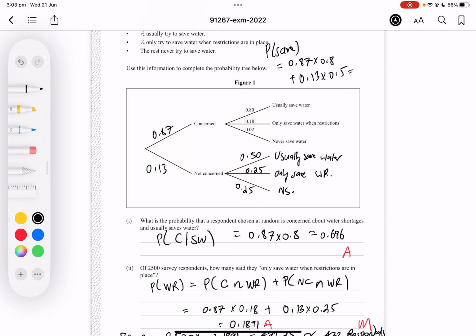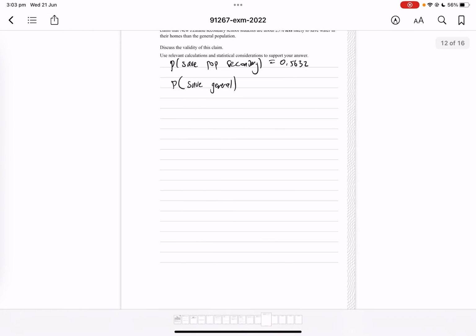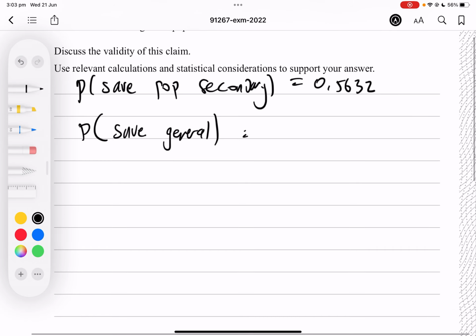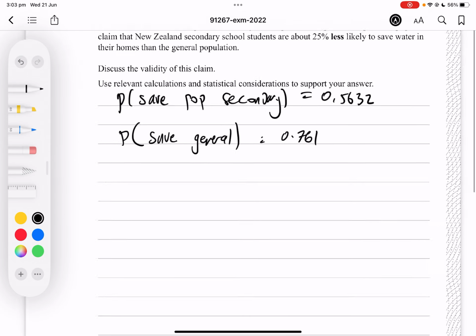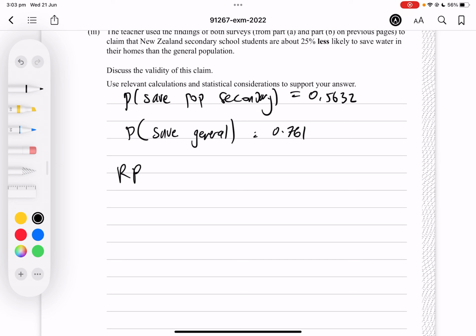And that should give us an answer of 0.761. So P save general is 0.761. And the relative risk is equal to 0.5632 over 0.761. That equals 0.74.